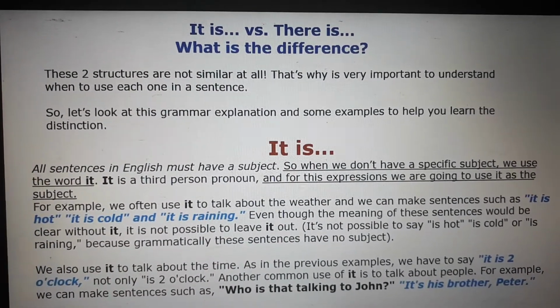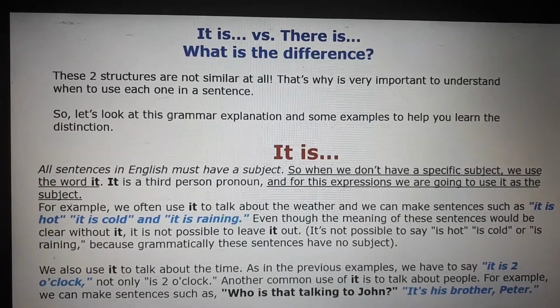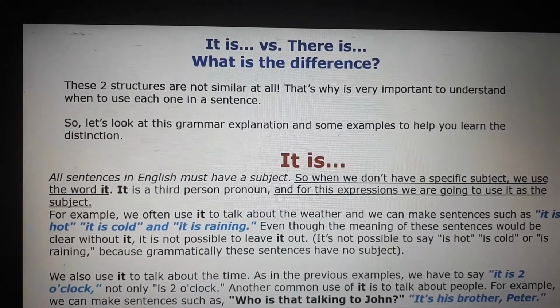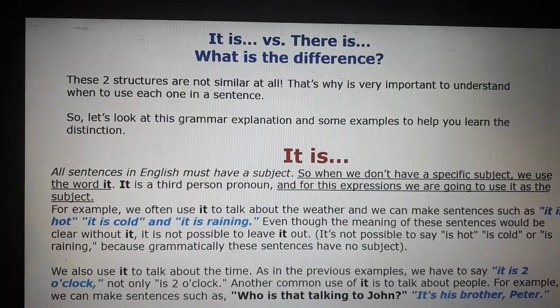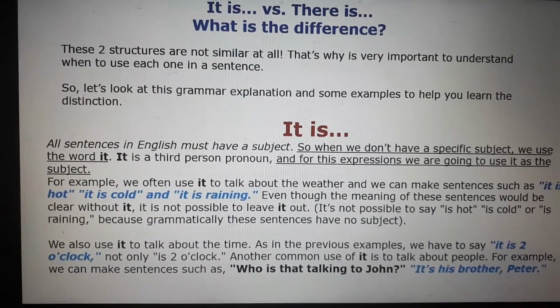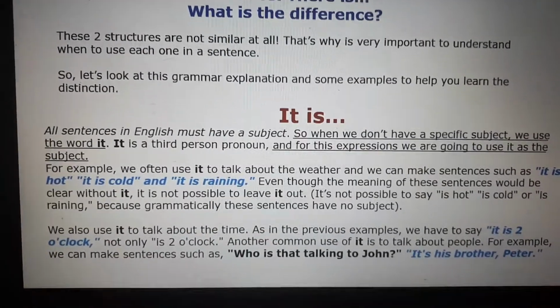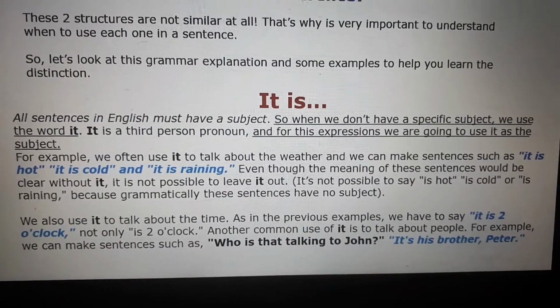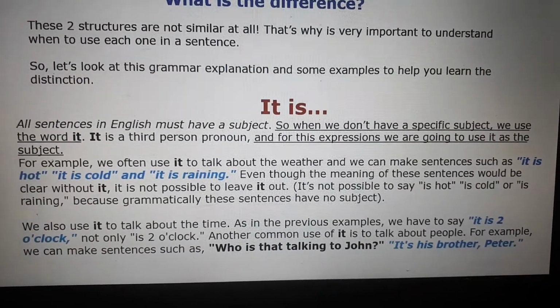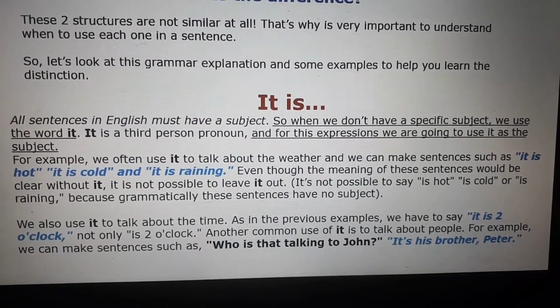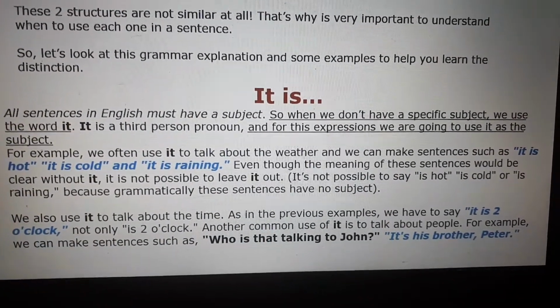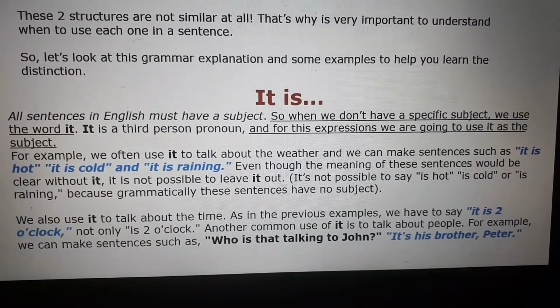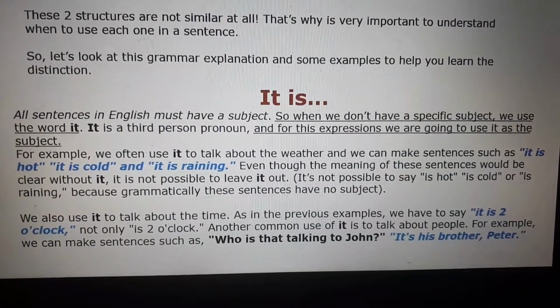It says, let's look at this grammar explanation and see some examples to help you learn the distinction, the difference. Okay. Well, we're going to begin with it is. For example, every sentence in English must have a subject. So when we don't have a specific subject, we use the word it.